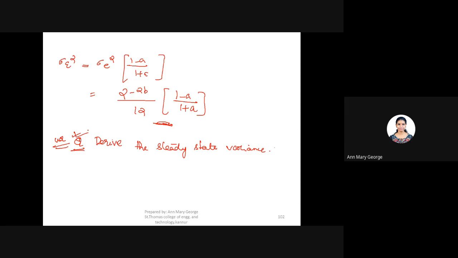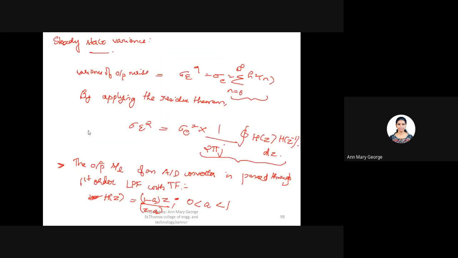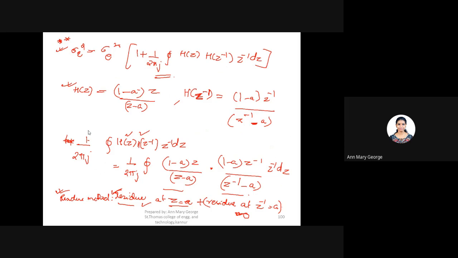So we have seen the steady state variance expression. You should write from this point: in the variance expression, you apply the residue theorem, with the condition that the output signal of an A/D converter is passed through a first order low pass filter, and you substitute the transfer function expression, that is h of z and h of z inverse, and evaluate using the residue method.